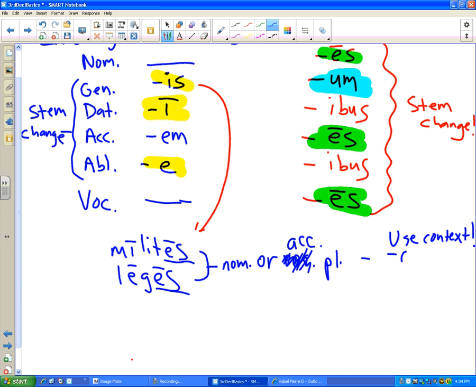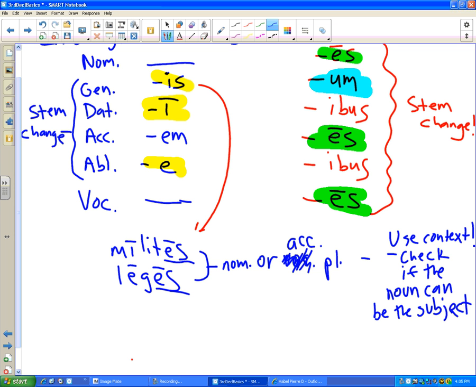One would be to check and see if a word like milites or leges can be the subject of an appropriate third person plural verb. So if the verb is third person and plural, conceivably a word like milites or leges could be the subject of that.